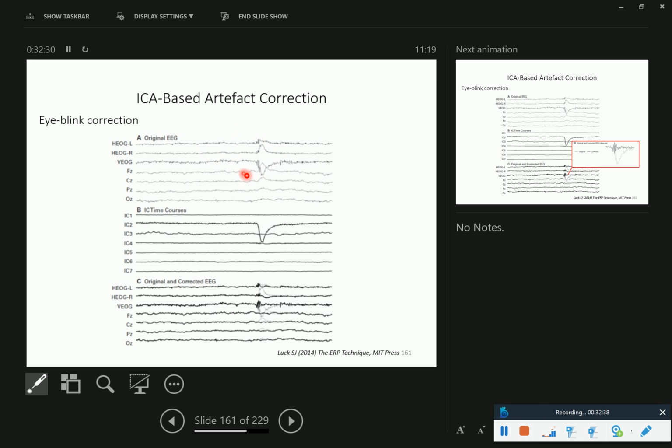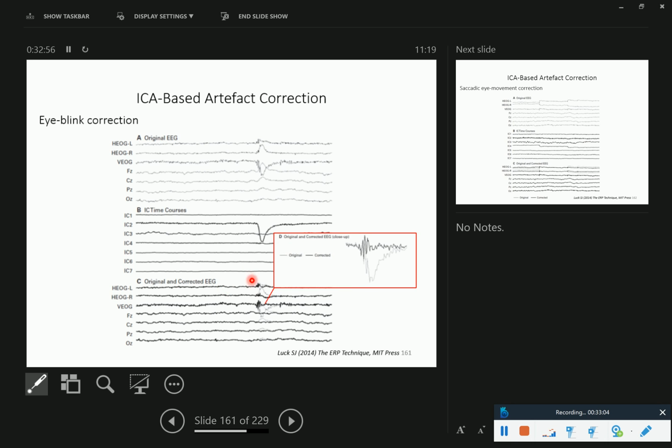So this was the original EEG. And then in the IC time course, this variability here gets projected, in this case, to a single independent component trace, for which you then can set the weights to 0. And if you reconstruct your EEG data, so what is then called your corrected EEG, you see that it's better, maybe not completely perfect.